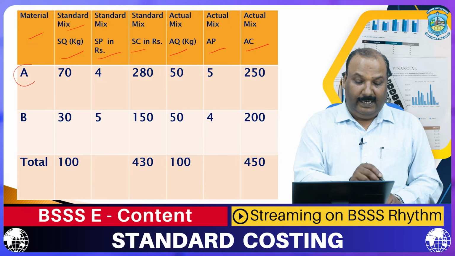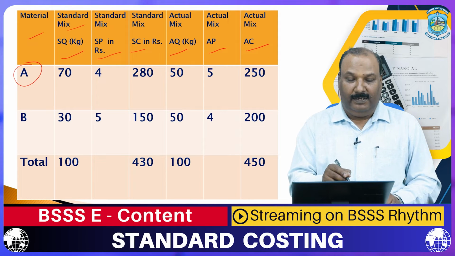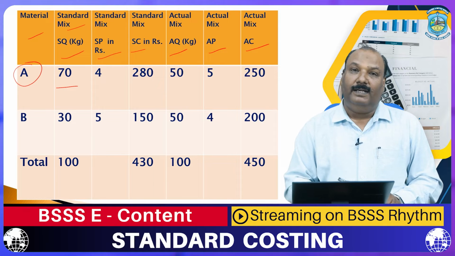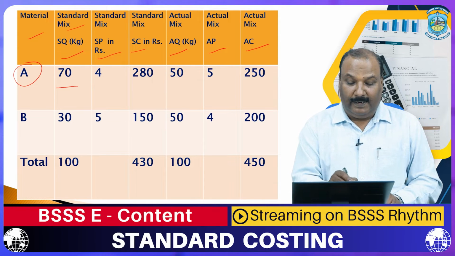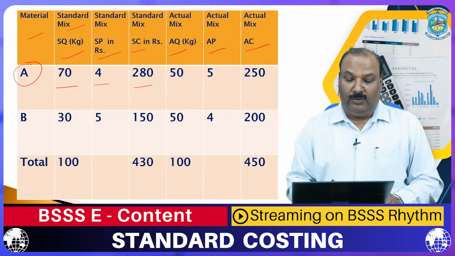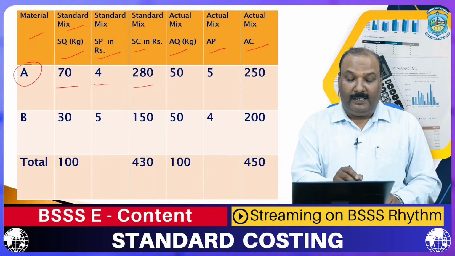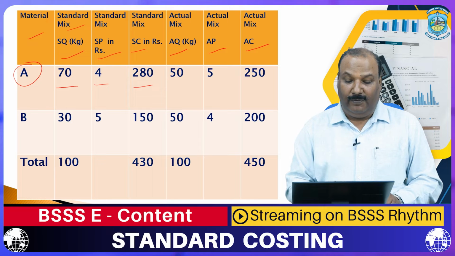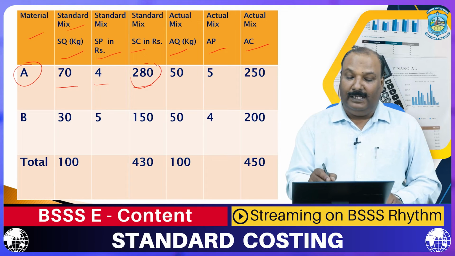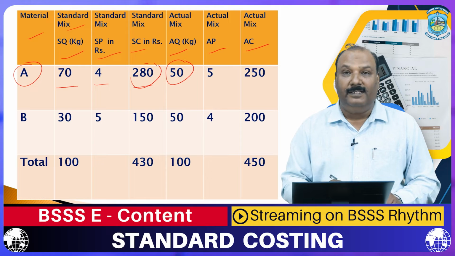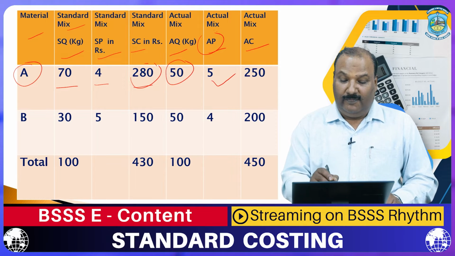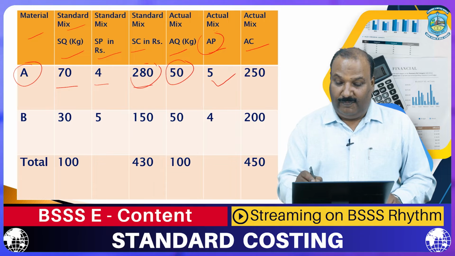For product A, standard quantity is 70 kg, standard price is 4 rupees, standard cost is 280 rupees, 70 multiplied by 4 rupees. Now the actual quantity is 50 kg, actual price is 5 rupees, 50 multiplied by 5, 250 rupees actual cost.